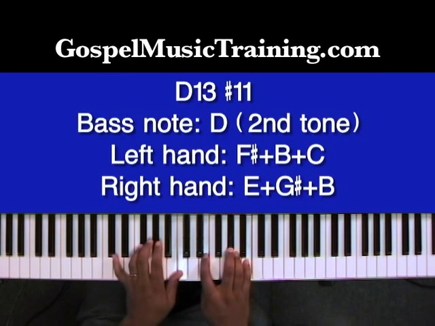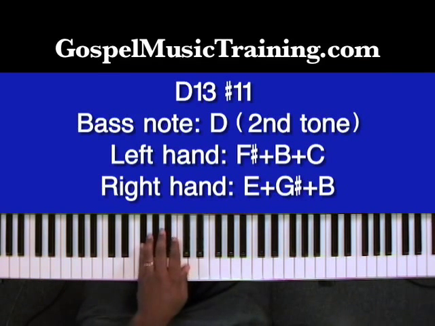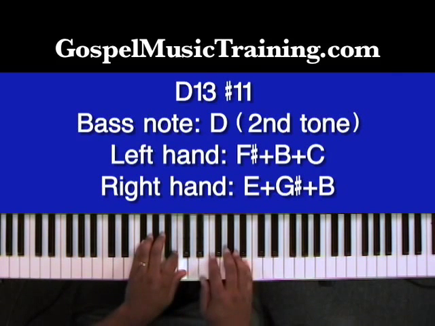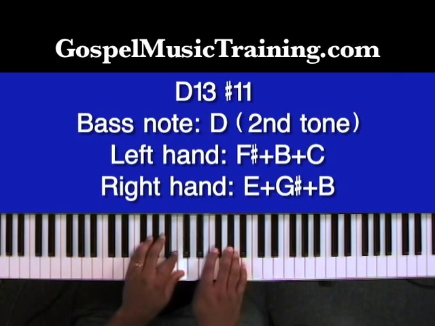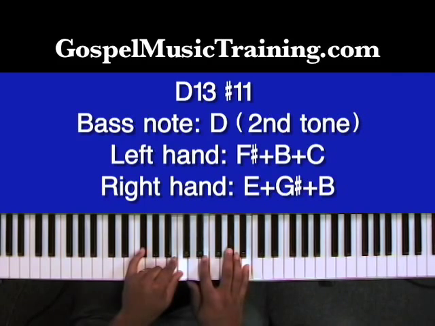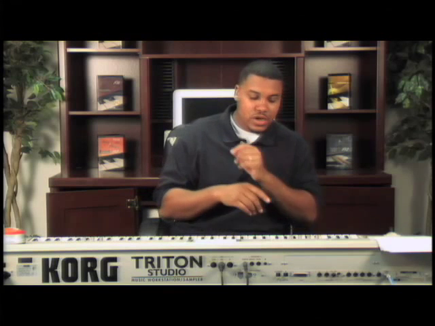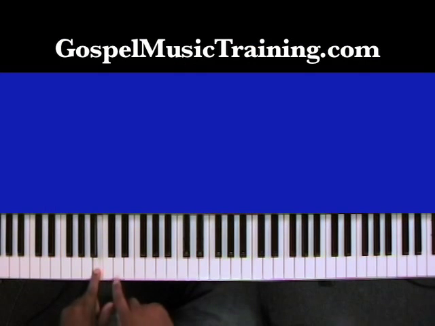All right? So what I have now is F sharp, B, and C in my left hand, and in my right hand I have E, G sharp, and B. Now this chord is used when you're doing a big circle. Pretty much we started from the 7 to the 3 to the 6.